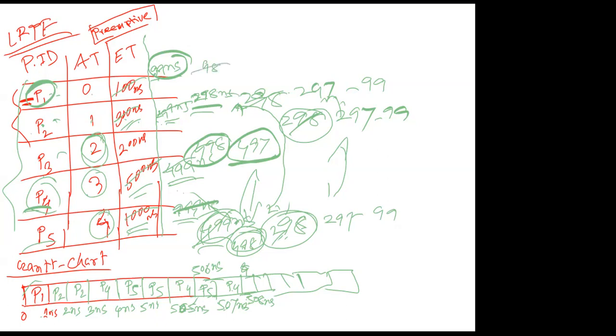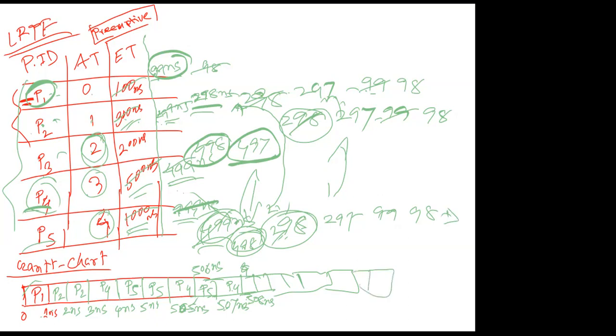Then your operating system will check, and this is not a higher priority process, so the process with the priority will get the CPU. This is how it will keep switching until every process completes.